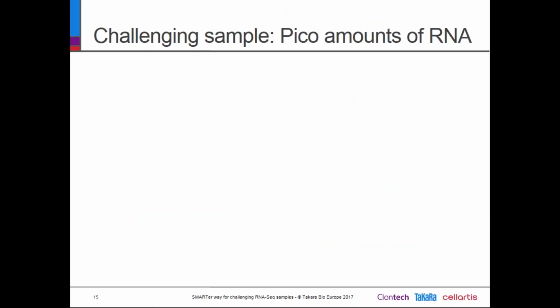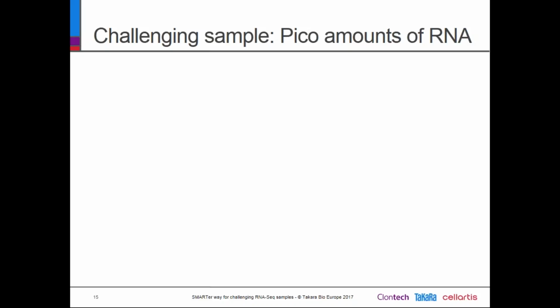Okay, so what happens if you have less than the 10 nanogram that is required to do ribosomal depletion with RiboGone? This is quite challenging because at the moment there is no commercial solution to be able to remove ribosomal RNA from such low input amounts.